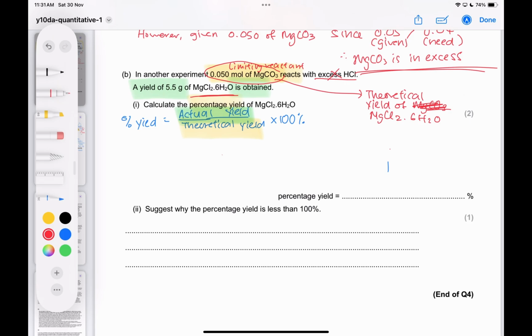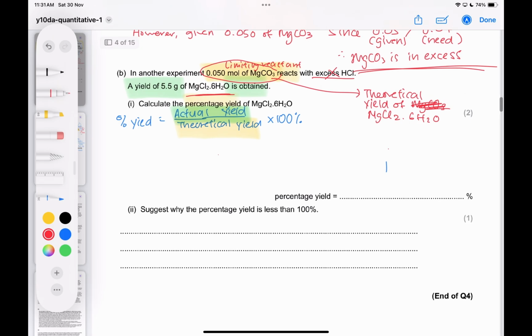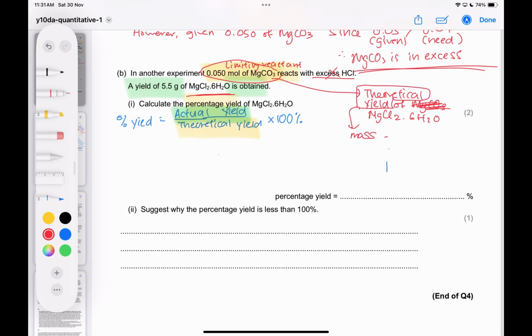Theoretical yield, again, is technically mass. So you need to find the mole, which is given to us, and multiply by the Mr of this entire thing. We need to use our periodic table. Mg is 24, 2 chlorine is 71, and then I've got 6 mole of water.